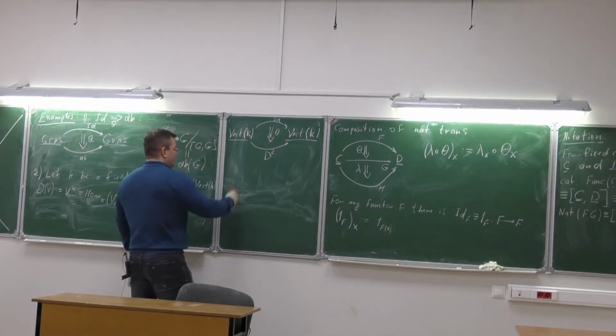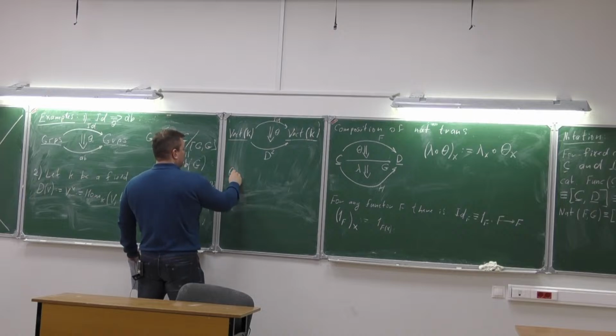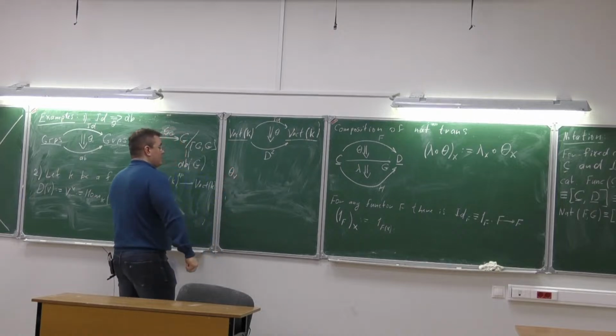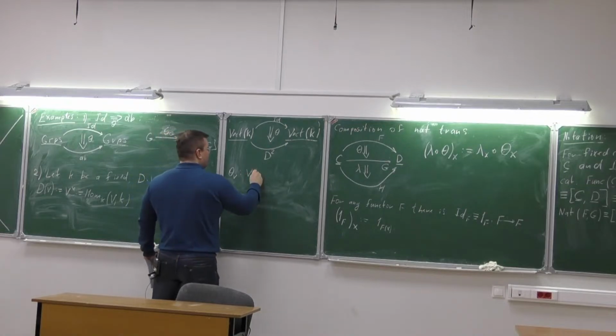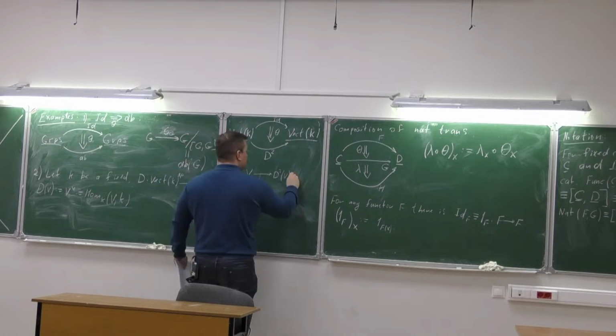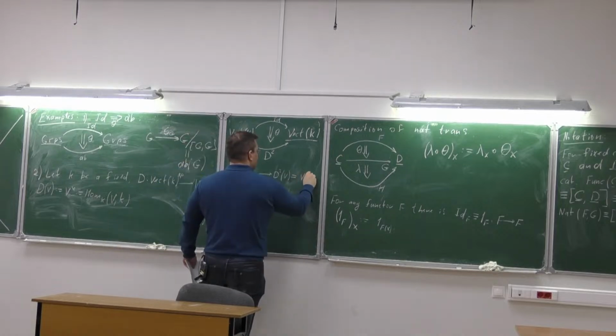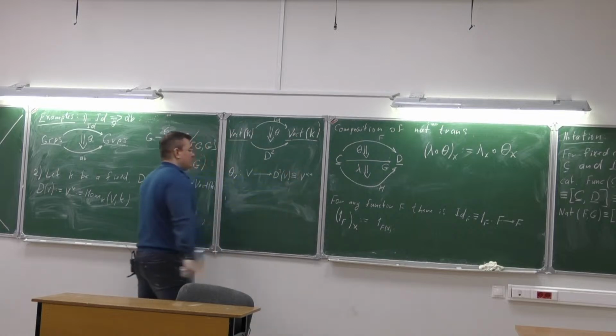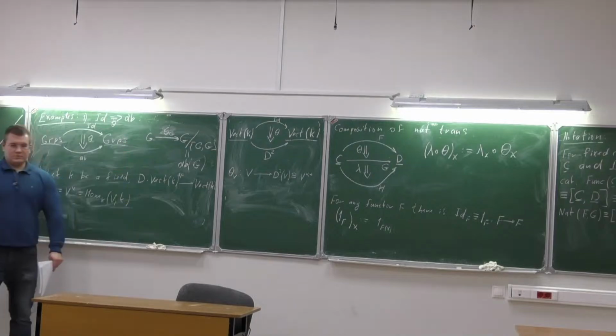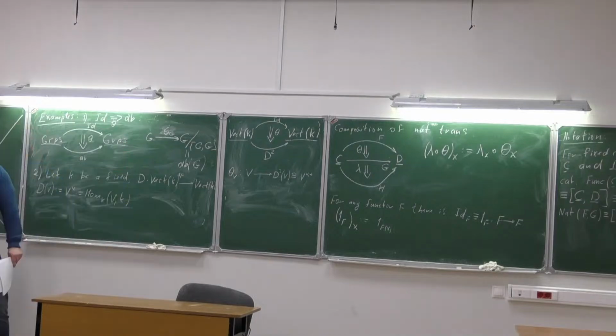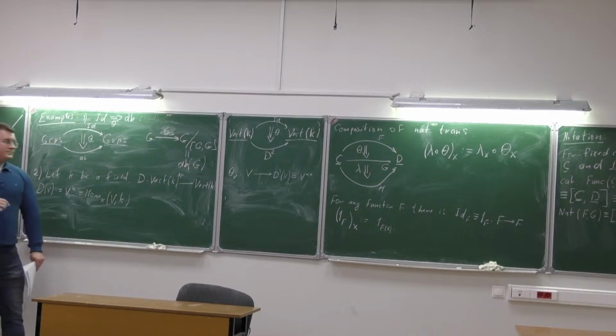The natural transformation theta in this case, say theta component of the vector space V, is just the canonical map from the vector space to the double dual, that is, forms on the dual vector space, and each vector you can interpret as a form. You just compute this vector on a form by evaluating the form on the vector. So this is a natural transformation.